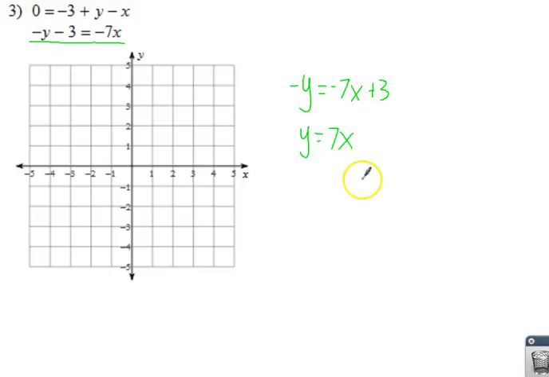All I'm doing to the one that I have highlighted in green there is adding 3 to both sides and then dividing by a negative 1. Now, when I do that, I go down here. Then I go, oh, the slope's positive now, up 7. 1, 2, 3, 4, 5, 6, 7, over 1. And connect your graph with a line.